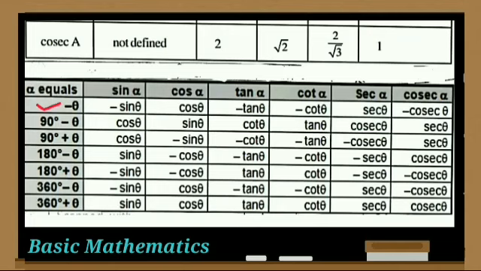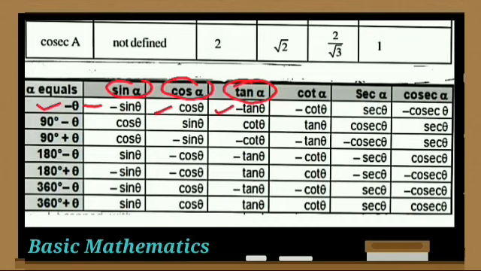If we put the value minus theta as alpha, then sin minus theta equals minus sin theta, cos minus theta equals cos theta. You have to remember these values. If we provide minus theta in tan, then we get minus tan theta.